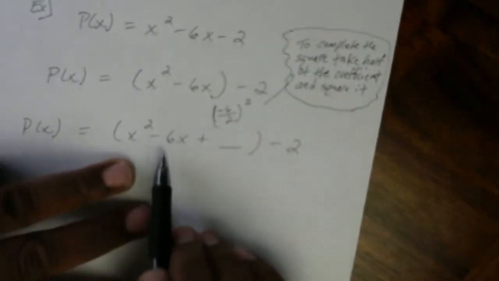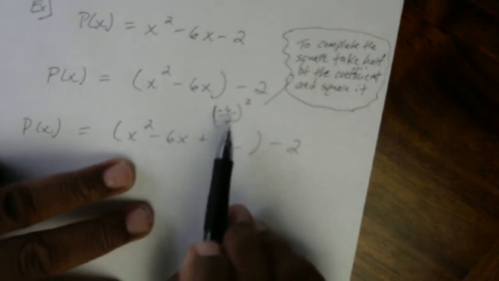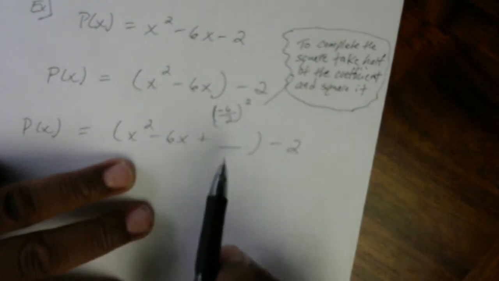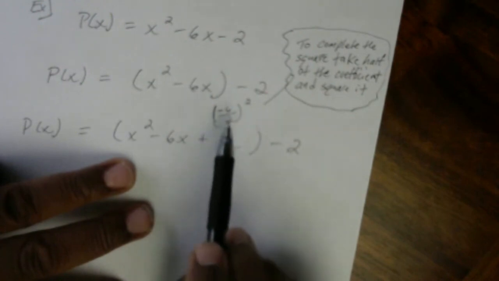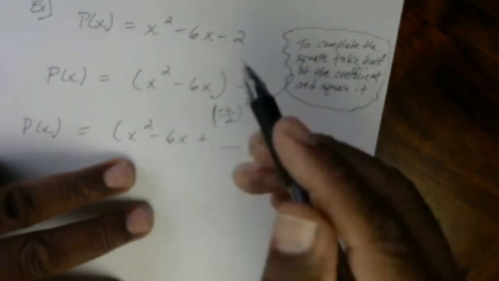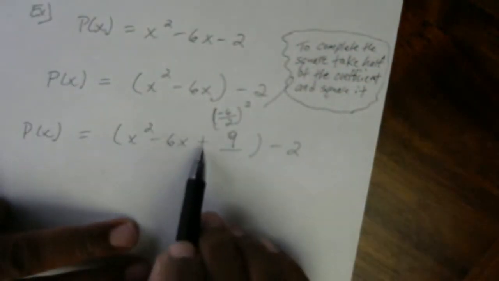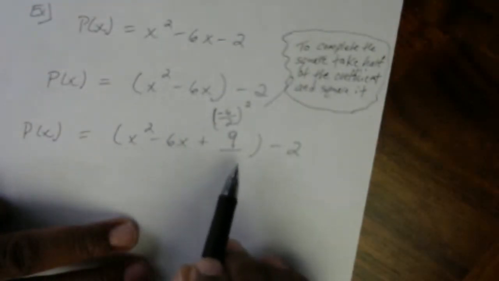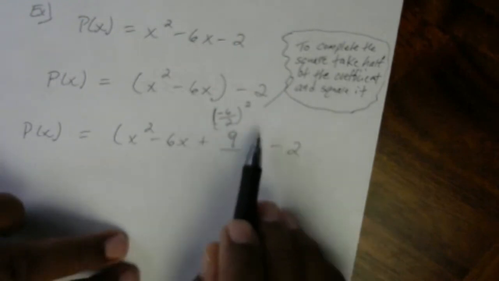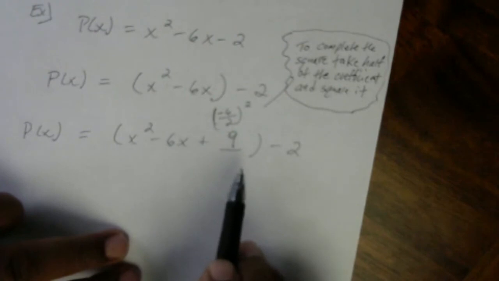So I took half of the coefficient of my middle term, so half of -6 is -3. When I square -3, I get a +9. So that's why when you're completing the square, this last term is always positive. Because if you square a positive, you get positive. If you square a negative, you get positive.